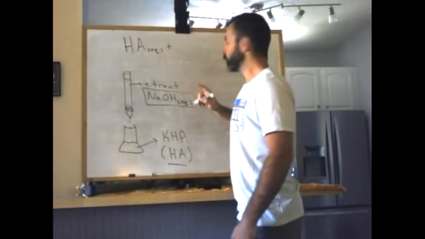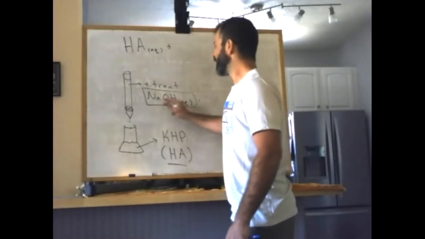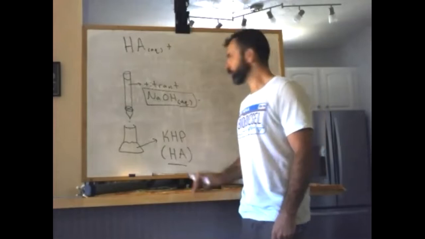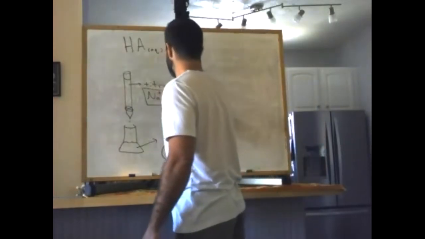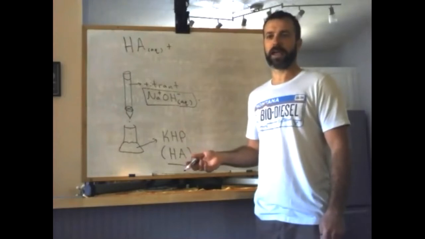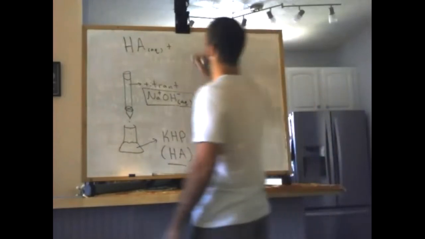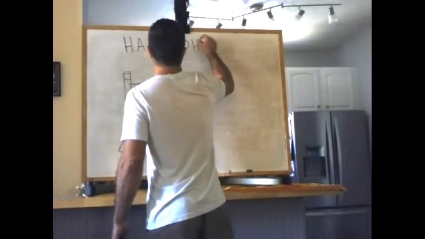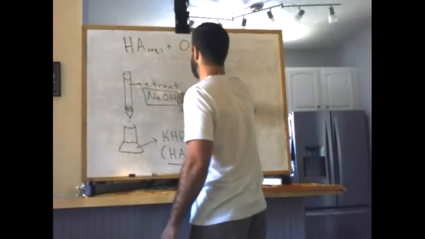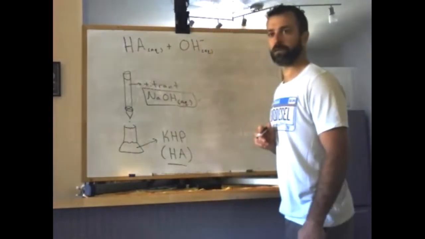Our weak acid will react with sodium hydroxide. Again, when we add sodium hydroxide to water, it's completely soluble, so it breaks up into Na+ and OH-. The Na+ doesn't do anything in this reaction. It's a spectator ion. What's important is the OH-. And the OH- will combine with the H+ from our weak acid.